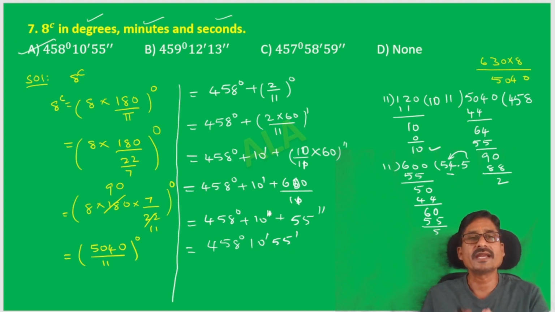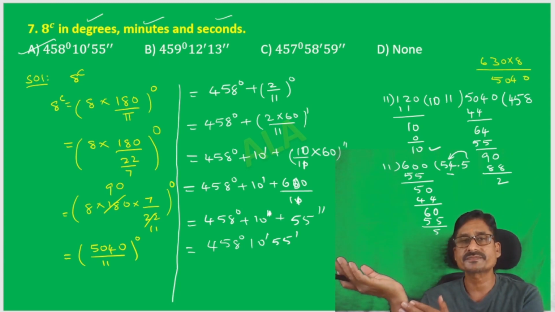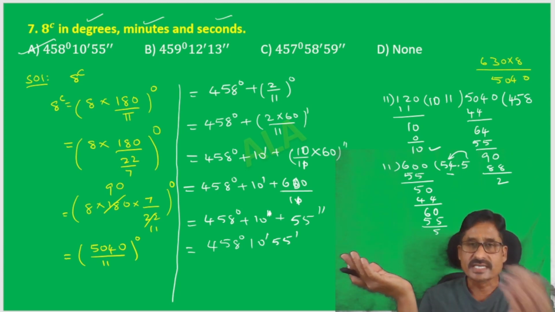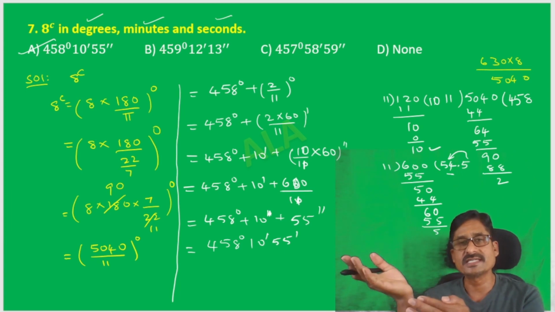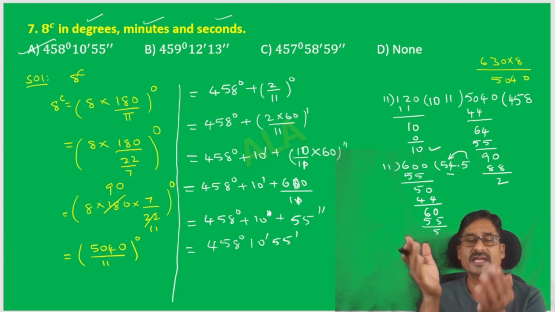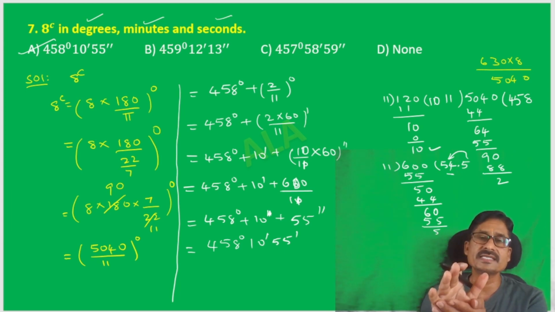So like this, radians we convert into a sexagesimal system. Each and every stage we write the fractions, and degrees convert into minutes by multiplying by 60. Again fraction is there, remainder is there, then that fraction multiplied by 60 for seconds.